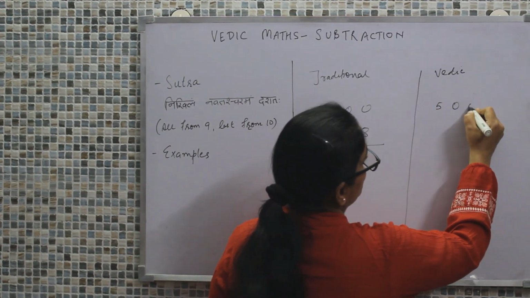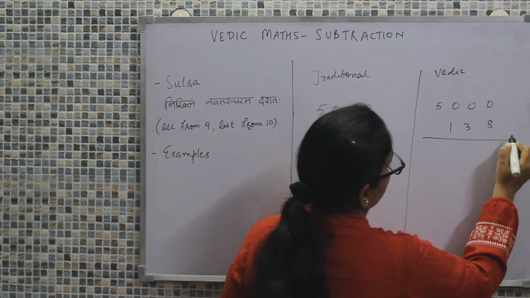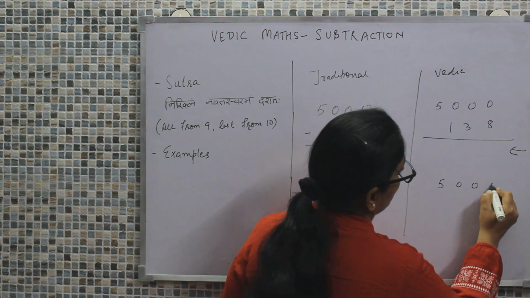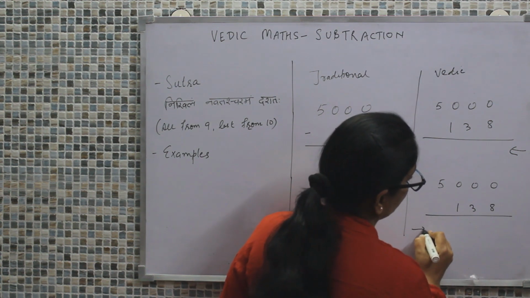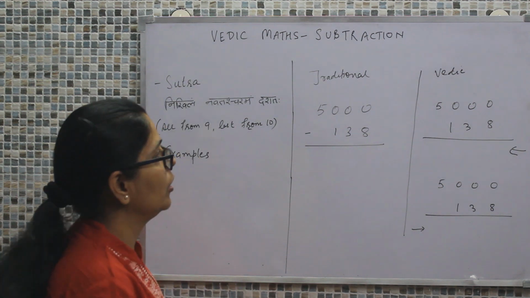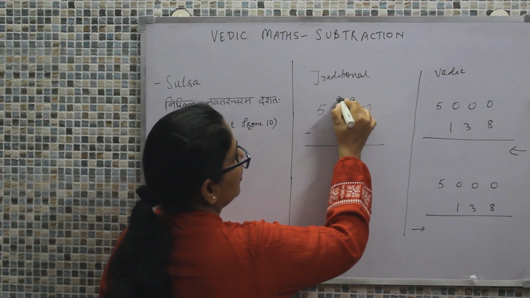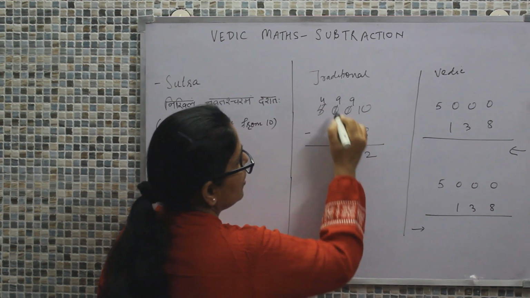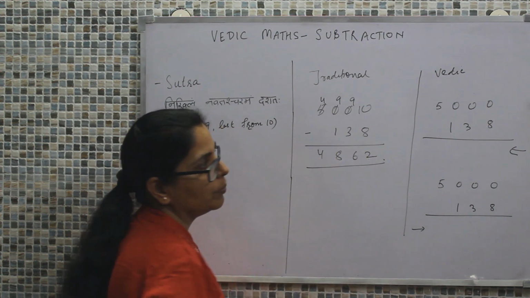I'll write the same question over here, 5000 minus 138. We will define both ways, from right to left and from left to right. Going to the traditional way: 10, 9, 9 and 4. This is 2, 9 minus 3 is 6, 9 minus 1 is 8, and 4 minus 0 is 4.